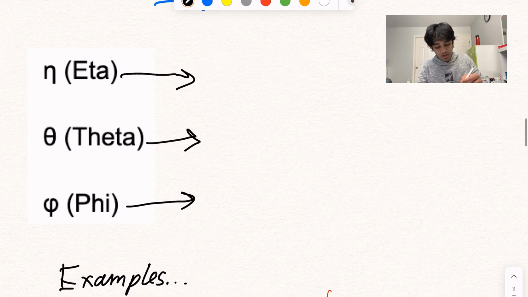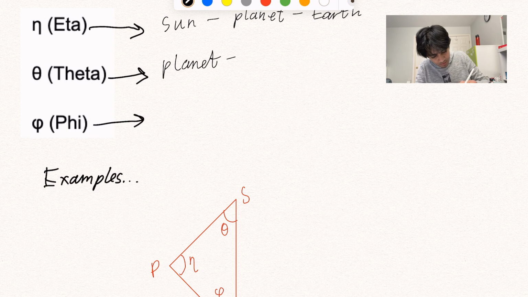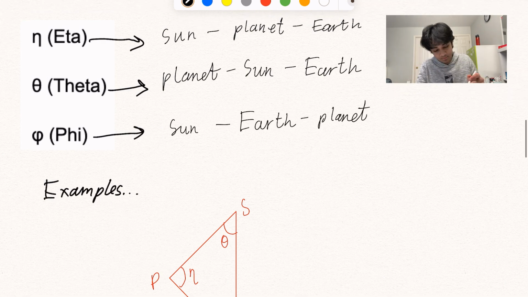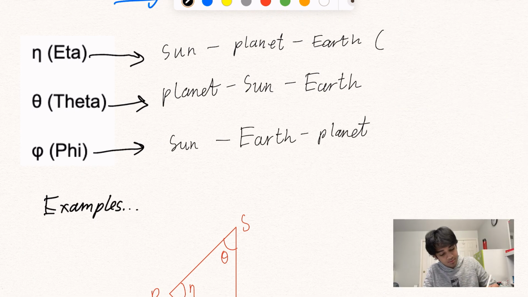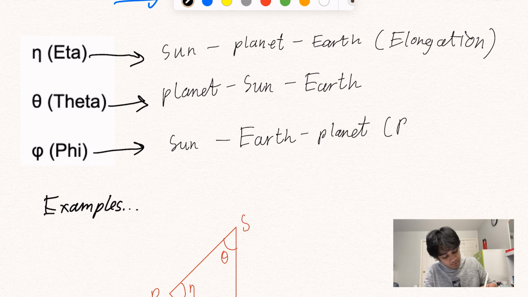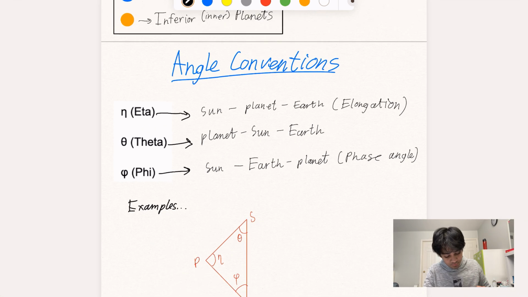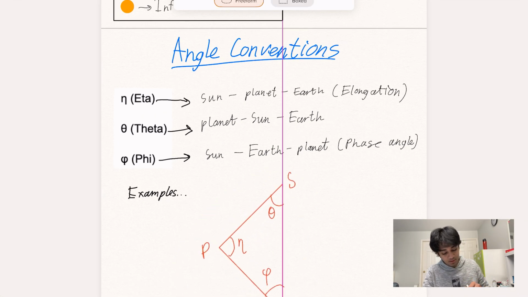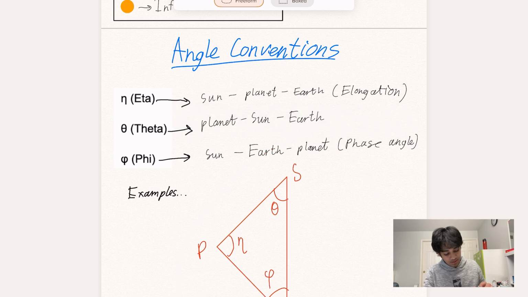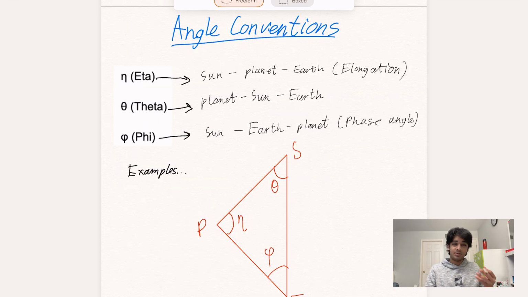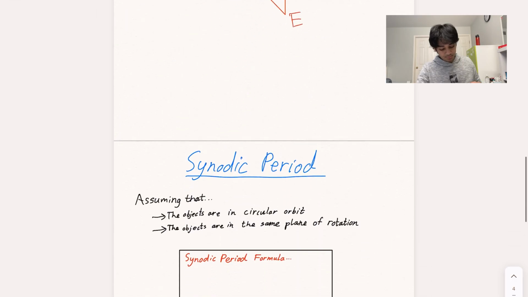Let's write this down. Another term you can use for this one is the angle of elongation, and this one is the phase angle. So these are conventions we should keep in mind when we discuss triangles like this, so that we're all on the same page. But now let's move on.